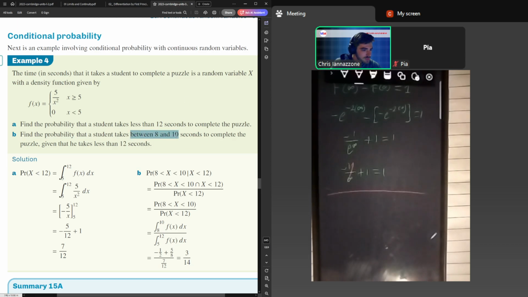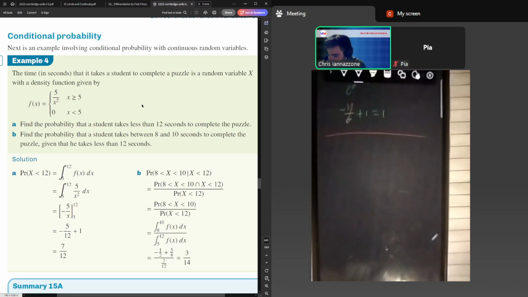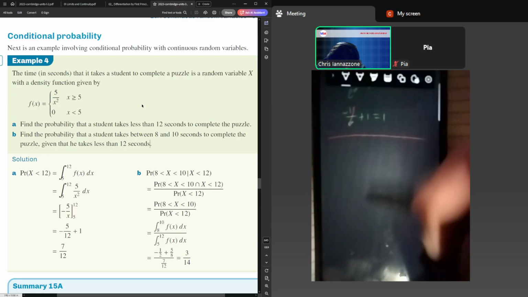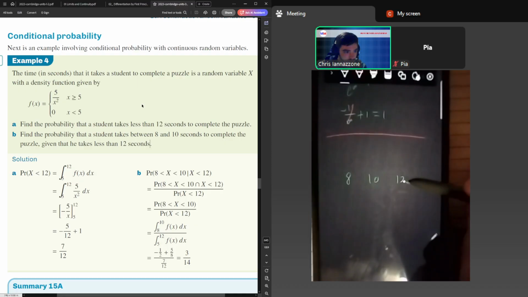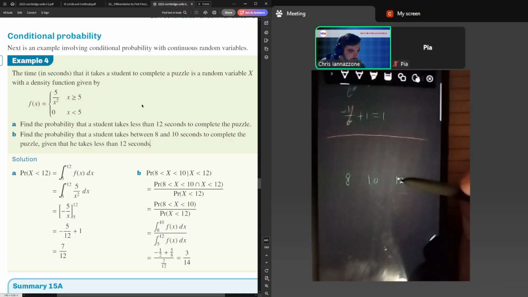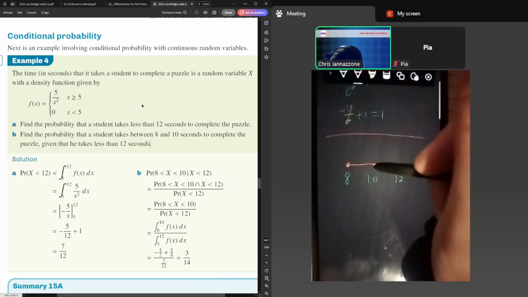We've got between 8 and 10 seconds, given that it takes less than 12 seconds. First thing you want to do is identify the two domains that are being expressed. In this case, the numbers that we care about are 8, 10, and 12. I'll always just put them on a number line: 8, 10, 12. The first domain is between 8 and 10, so let's draw a line connecting those.